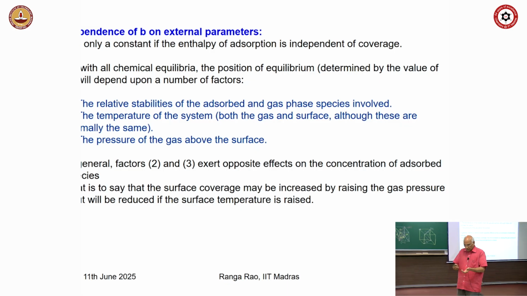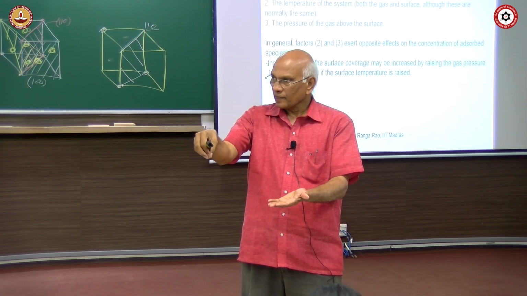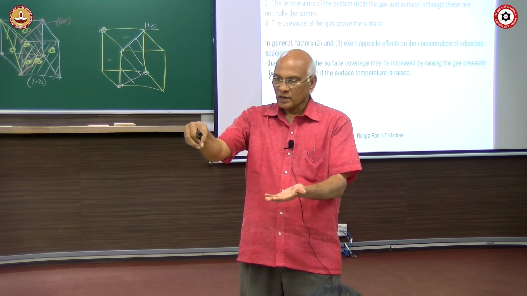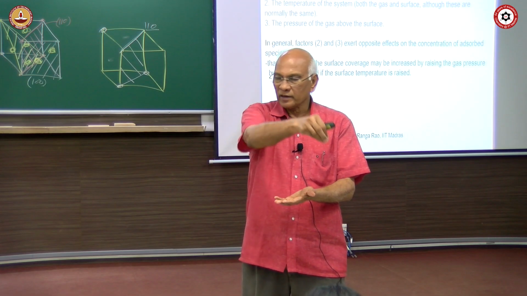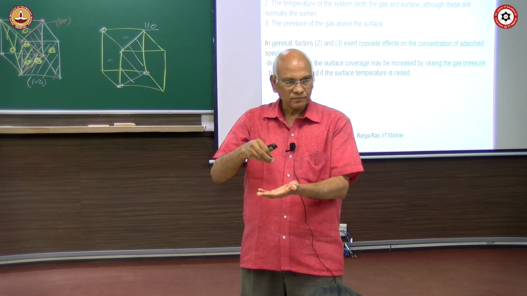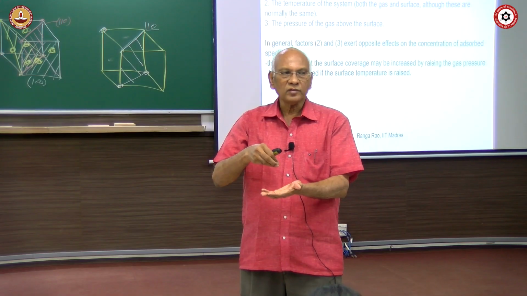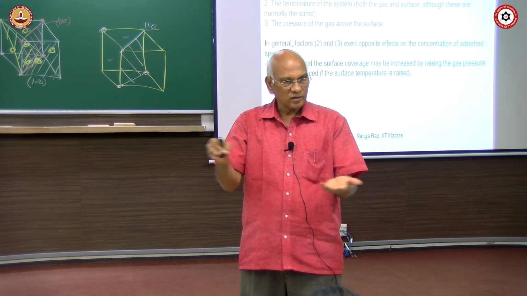That means that as you increase the coverage, the molecules will go and first sit in the sites where enthalpy is high, where they are more comfortable, and then they start occupying the next sites where the enthalpy may not be very high, because these are all not homogeneous, they are heterogeneous. This surface is heterogeneous. All the sites are not equal.